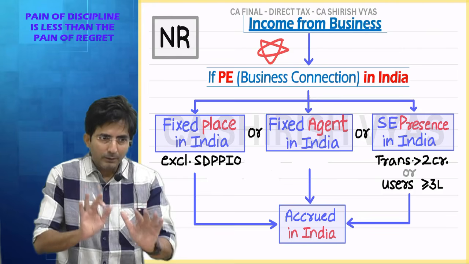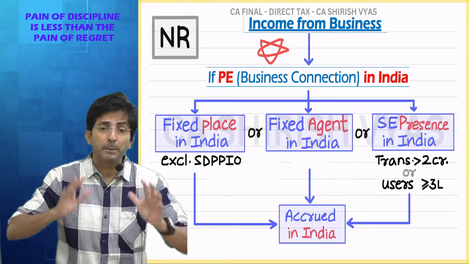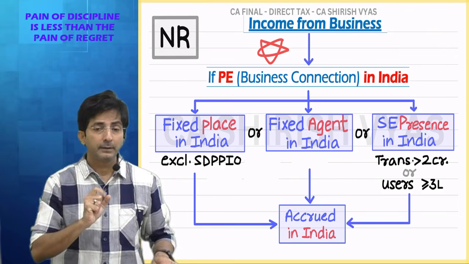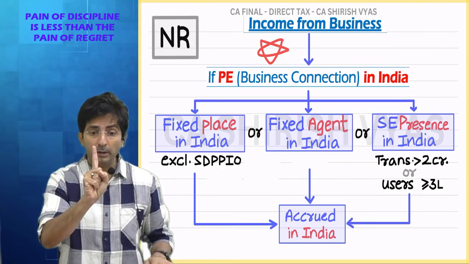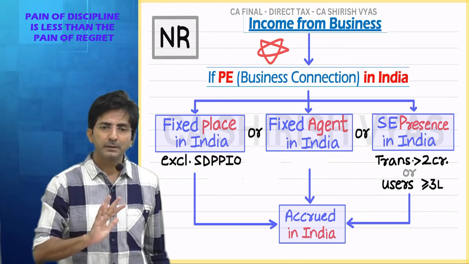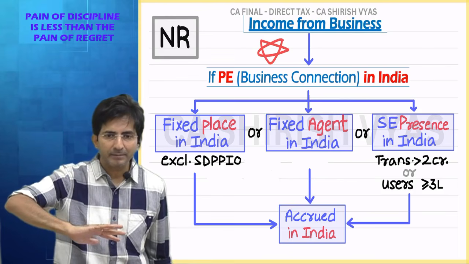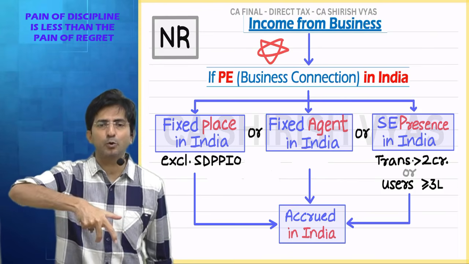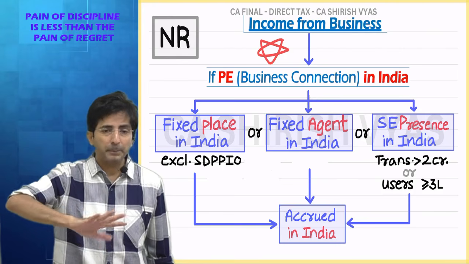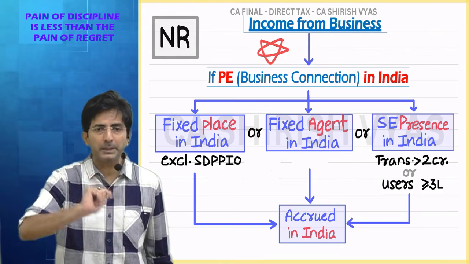See, storing the goods, processing the goods, this is a preparation for the end goal of sale. Sale should not happen. Don't execute your end goal in India. Do preparation. Preparation can be storage, processing, purchasing. Preparation activity is exempt from PE.